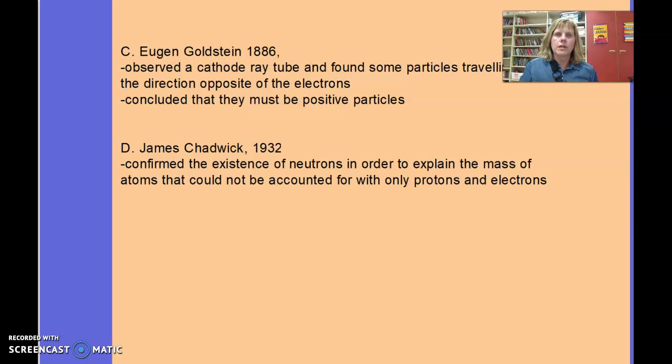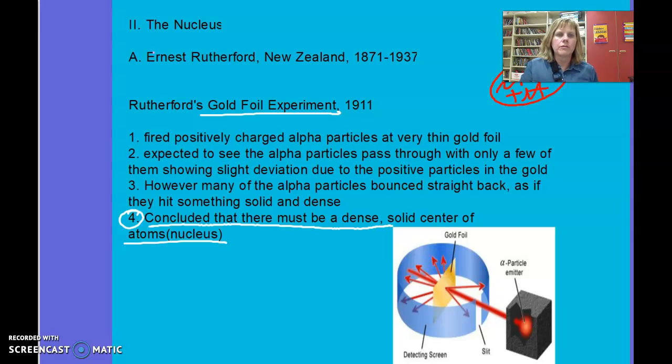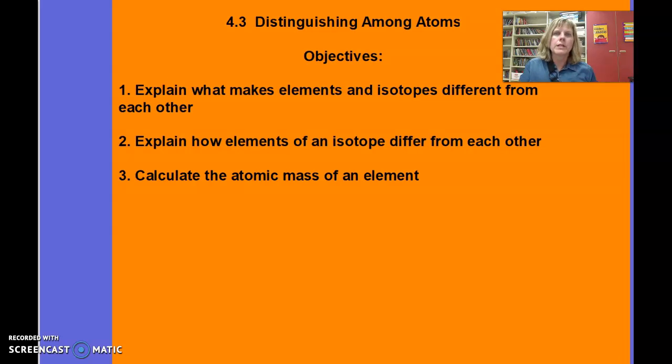Goldstein figured out protons, and Chadwick figured out that there were neutrons. Rutherford's gold foil experiment was really important, not in discovering new particles, but in discovering that there's a nucleus, so all the mass seems to be in this dense center. That was important.